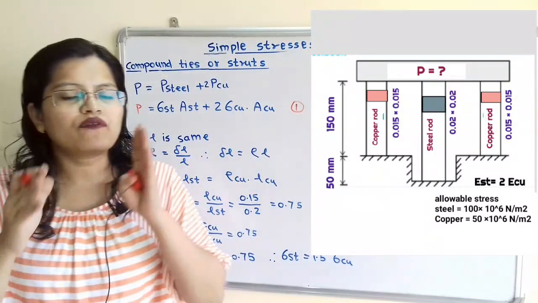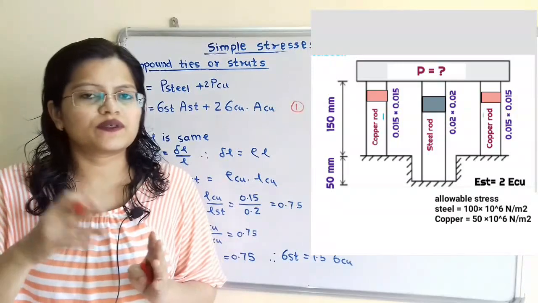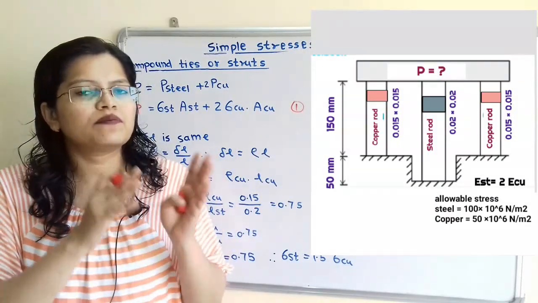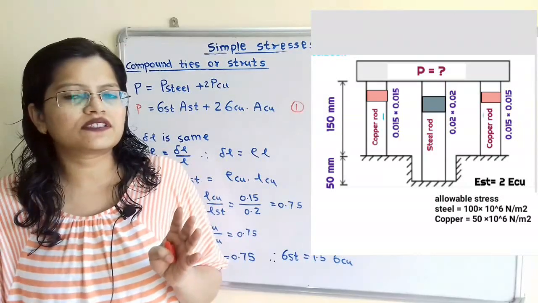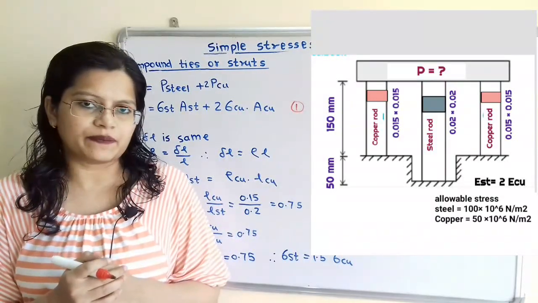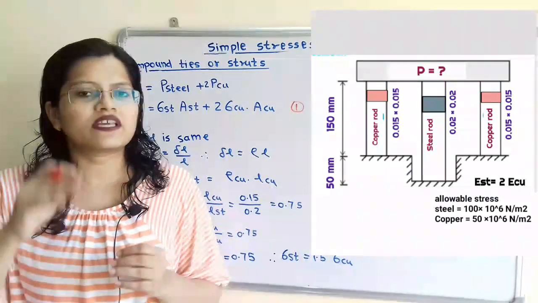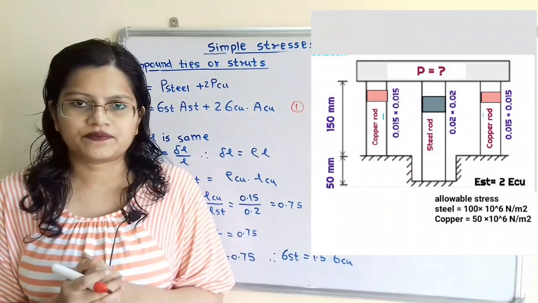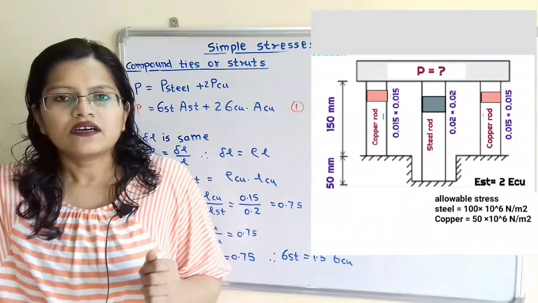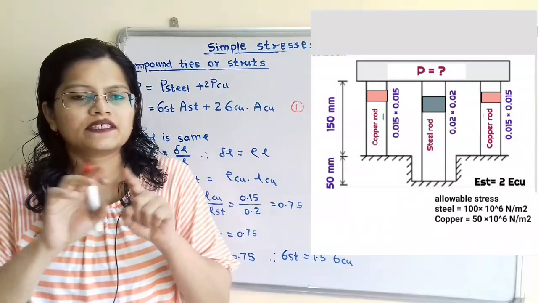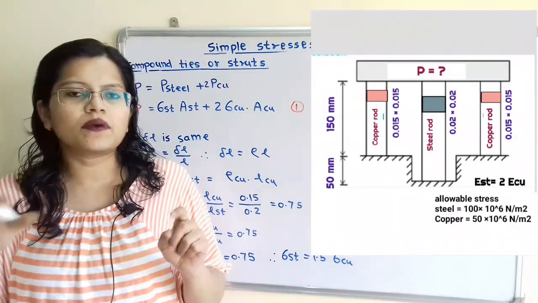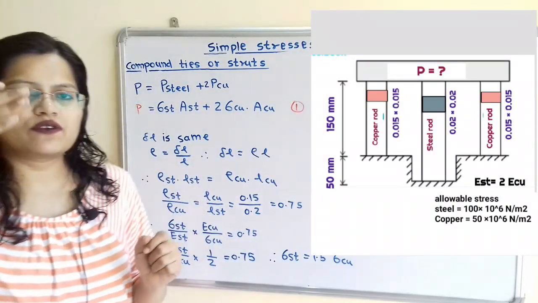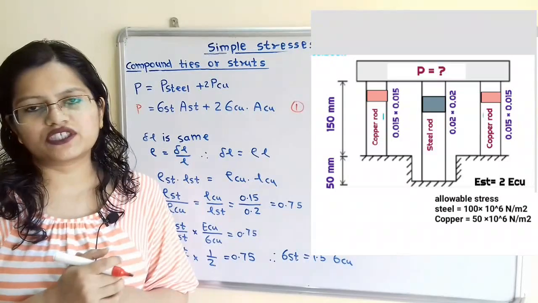In case of compound ties or struts, we have the second condition: the strain produced in material A is equal to strain produced in material B. But the length of each rod is different in this case, while the total load P shared by these two materials is the same. We know that strain is equal to change in length by original length.